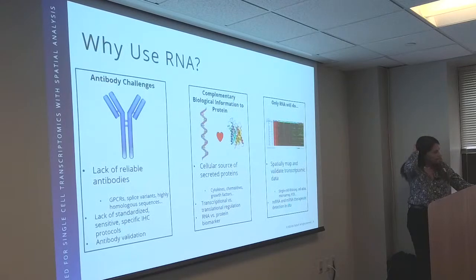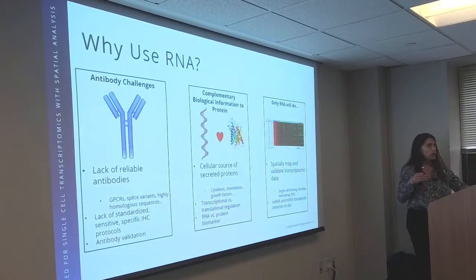So how do we differentiate ourselves from the rest of our sister companies? Well, you're going to come to us if you can't get an antibody, or if there is no way to make an antibody for what you want to see. If you're looking at a secreted protein, it might be a little bit easier to look at transcript. And when it comes to spatially mapping, or more importantly, validating RNA-seq information, we're going to be who you're going to work with, because we can generate data at the single cell level to show and validate what you're seeing in terms of your RNA-seq outputs.